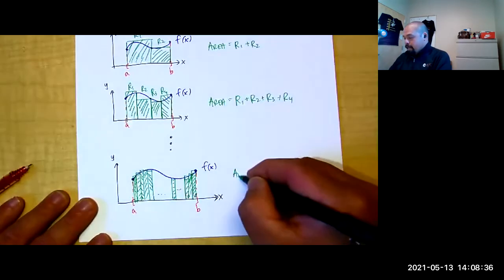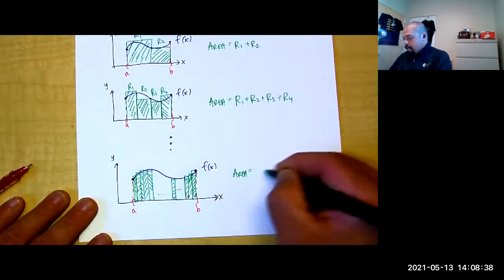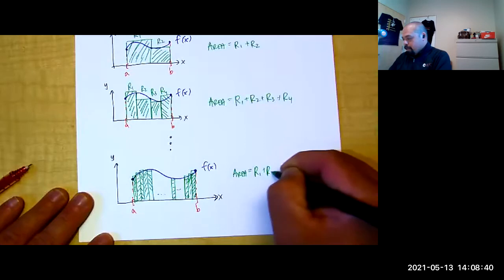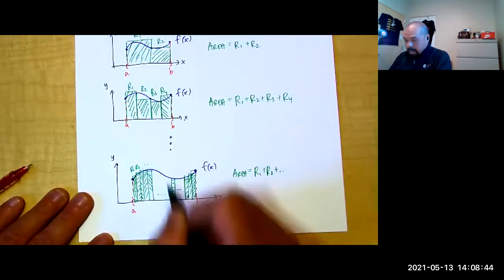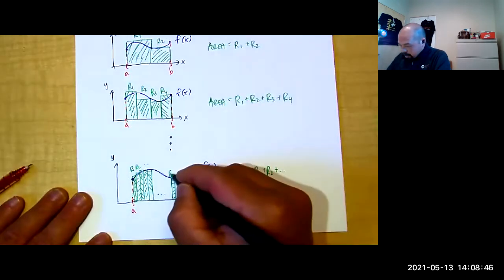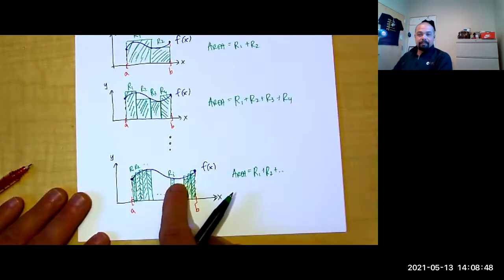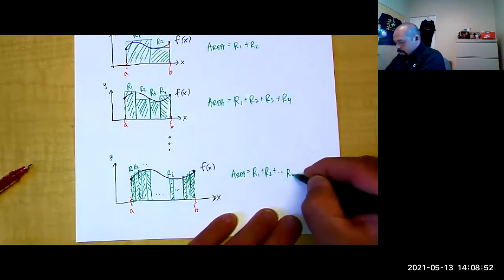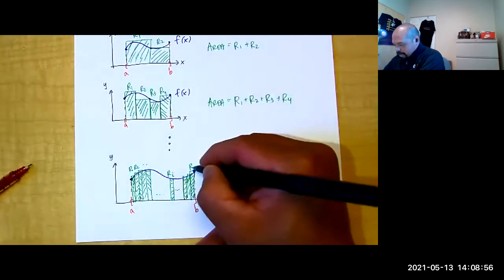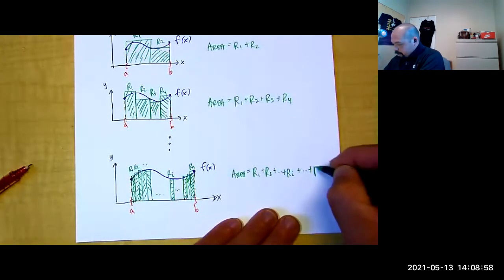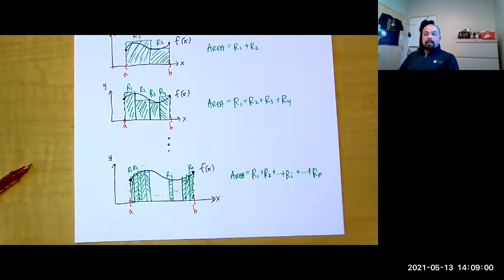And so our area is going to be the sum of all these little rectangles in the middle here, r sub I, like this little indexing, you know, the 10th, the 12th rectangle, all the way until we get to that very last rectangle to cover that space.